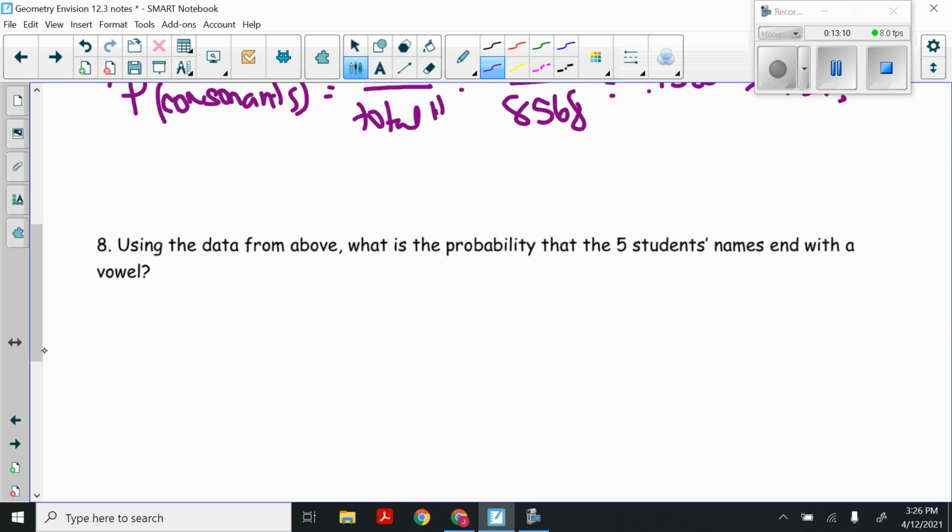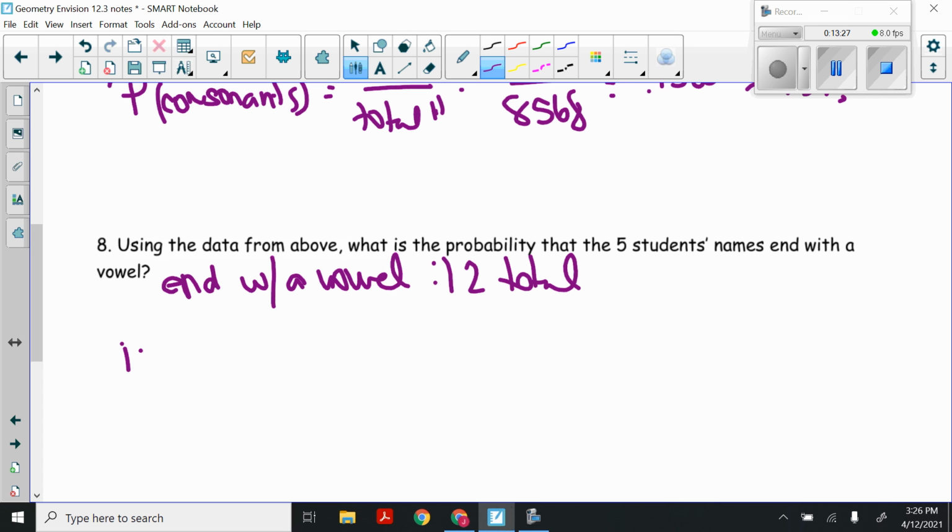Now, same data, but we're going to find the probability that the 5 students' names end with a vowel. We count up how many end with a vowel: there are 12 total. We already know we started out with 18 and we're choosing 5, so our total outcomes were 8,568. Now for the vowel, there are 12 to choose from and I'm picking 5.